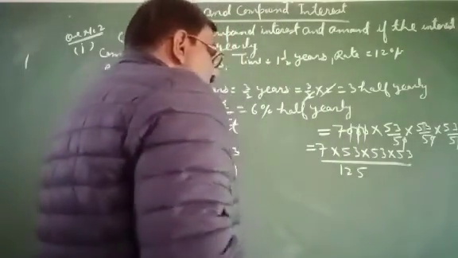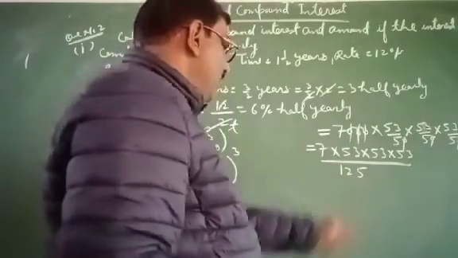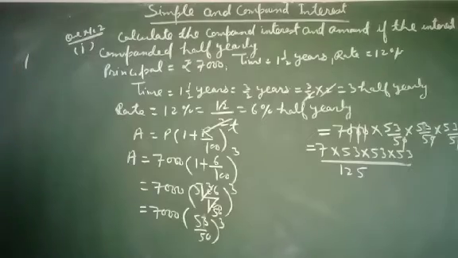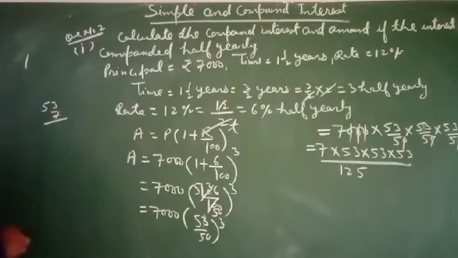Now first of all I will multiply 7 by 53. 53 multiplied by 7. 7 3s are 21, 1 carry 2. 7 5s are 35 plus 2, 37.